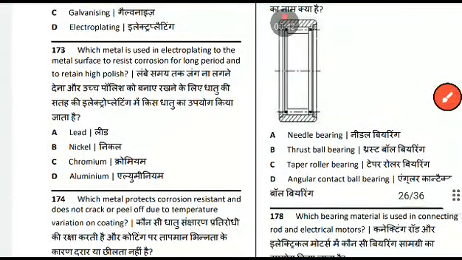Question number 173. Which metal is used in electroplating to metal surface to resist corrosion for long period and to retain high polish? Option A lead, option B nickel, option C chromium, option D aluminum. Option C chromium.